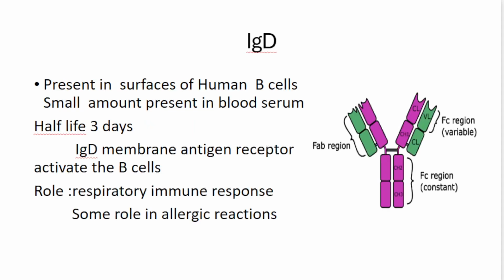Next we will discuss IgD. IgD is present on the surface of human B cells. A very small amount is present in our blood. Half-life is 3 days only, and IgD membrane antigen receptors activate the B cells. What is the role of this immunoglobulin? Respiratory immune response and a small role in allergic reactions. If there are any infections or allergens in the respiratory system, it will activate the B cells.